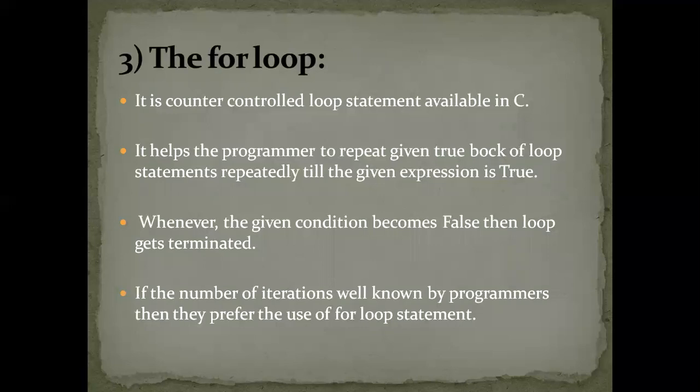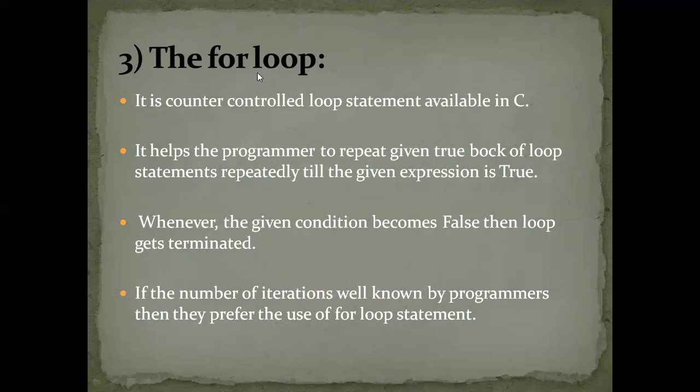The third loop statement is the for loop. It is a counter control loop statement available in the C programming language. When can we make use of the for loop? If the number of iterations is well known by the programmer, then they prefer the use of the for loop statement. Understood?